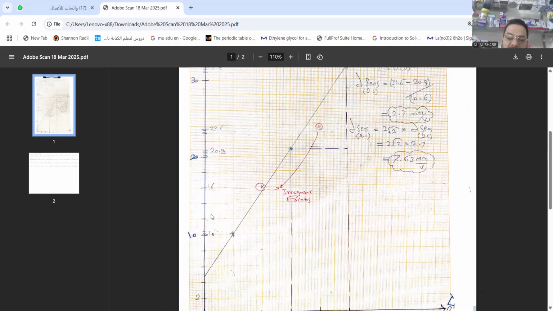That means 3 centimeters after 10, 20.8, that means this 20. I went up a little bit. This little bit specifically equals 4 millimeters. Why? Because each millimeter at the y-axis equals 0.2 millimeter of deflection.